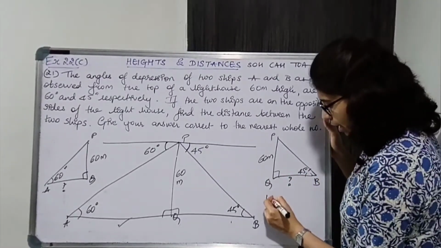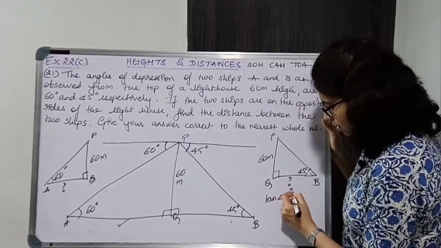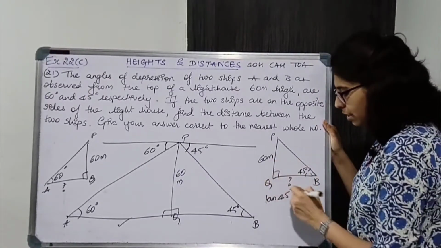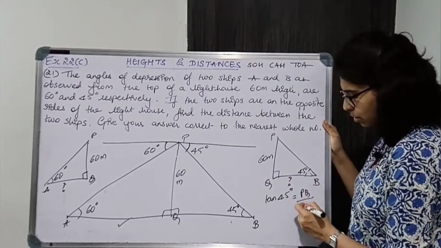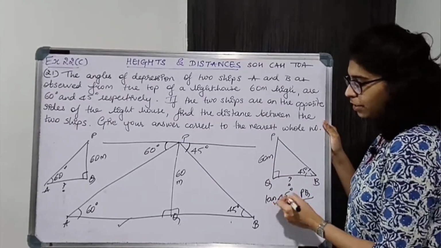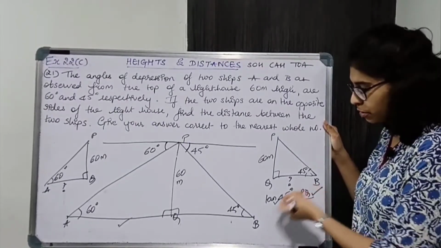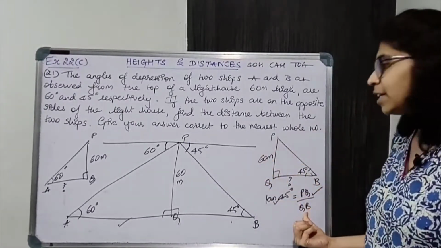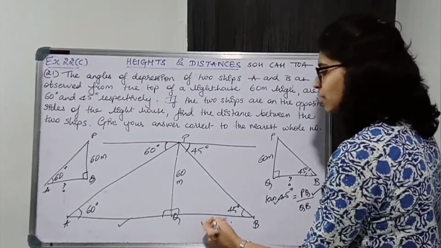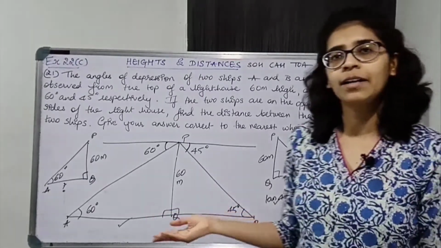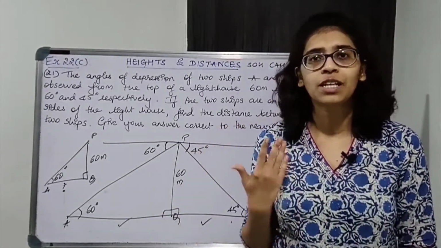So tan 45 is equal to opposite, that is PQ, upon adjacent, that is QB. Tan 45 standard value table, PQ is 60 meters, so substitute the values, solve, you'll easily get QB. So QB भी मिल जाएगा. Once you get these two, just add and you will get the distance between the two ships, that is AB.